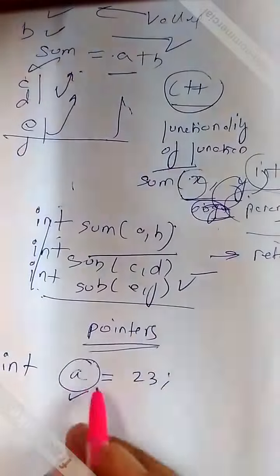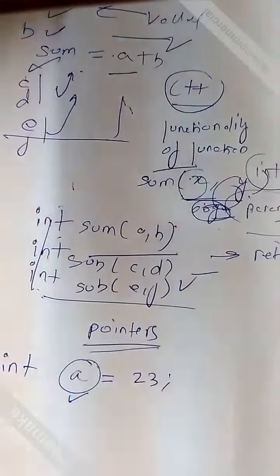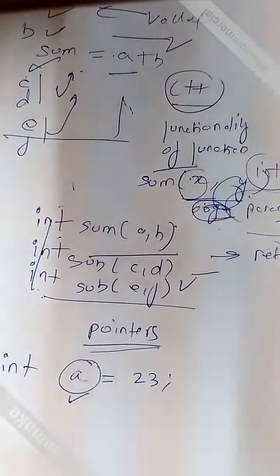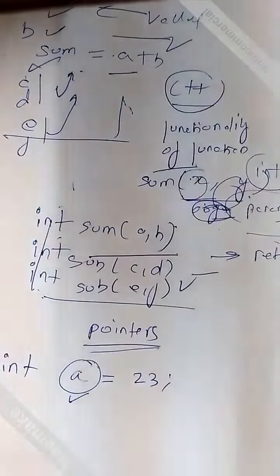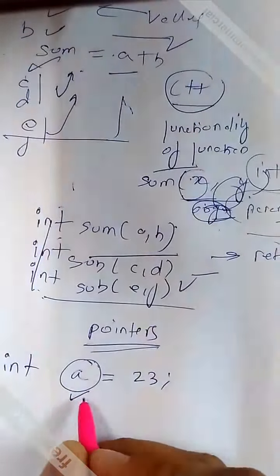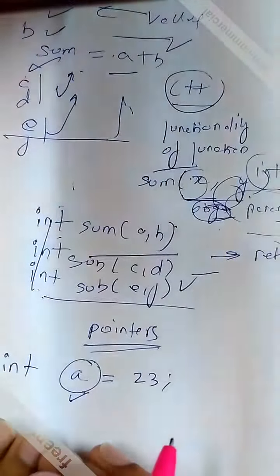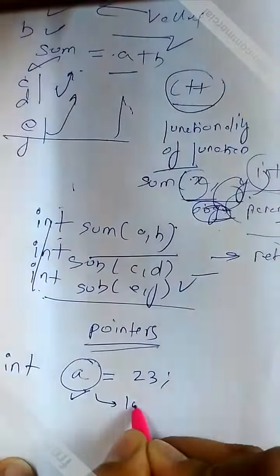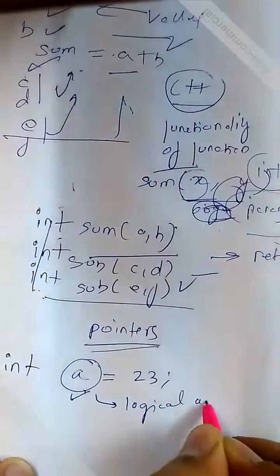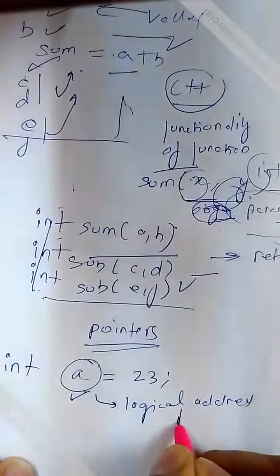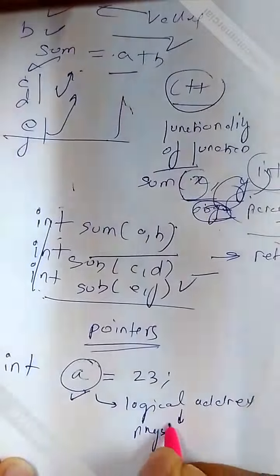Now there are concepts like physical address and logical address. From the variable, we go to the address to access it. So there is a conversion in between, and it takes some time. When this variable is declared, in order to access it, we will go to the logical address. Then from the logical address, we will go to the physical address.